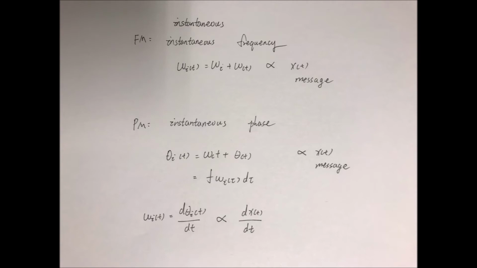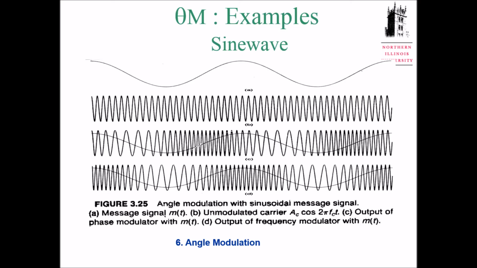My frequency is proportional to how fast your signal changes. If your signal changes faster, the frequency of my carrier should be bigger. If the change is slower, the frequency associated with this time will be lower.